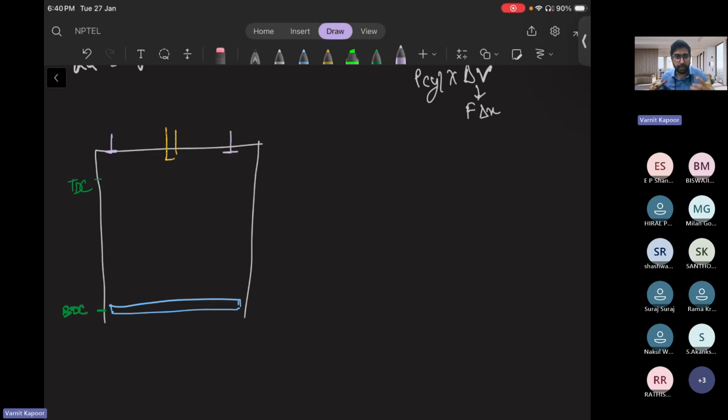Because when you ignite something, combustion happens, it will carry some exhaust gases as well whenever you burn a fuel. Some gases will also be coming out of it. So this is nothing but your expansion stroke, or you can say exhaust.